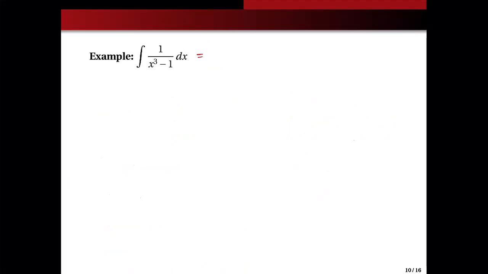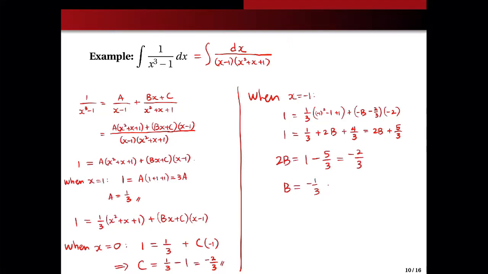So in here, we have the integral of 1 over x minus 1 times x squared plus x plus 1. We were able to decompose this into the integral of 1/3 over x minus 1. Correct? That's your a here.